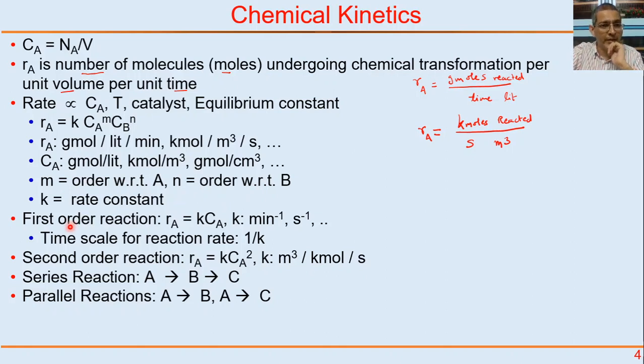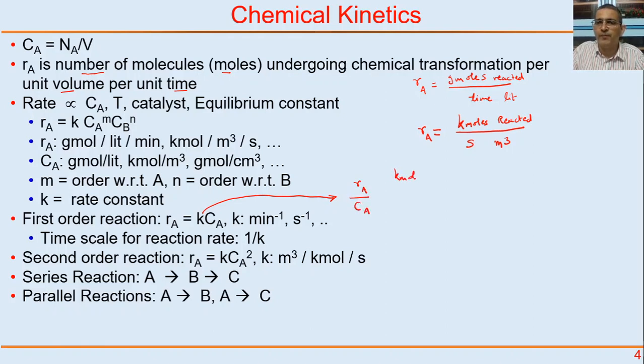So if it's a first order reaction, then the rate is kCa, and K will have units of per minute or per second, and time scale for the reaction is 1 by K. Here is an important concept. This K that we are talking about, what are the units? It has units of Ra by Ca. What are the units of Ra?